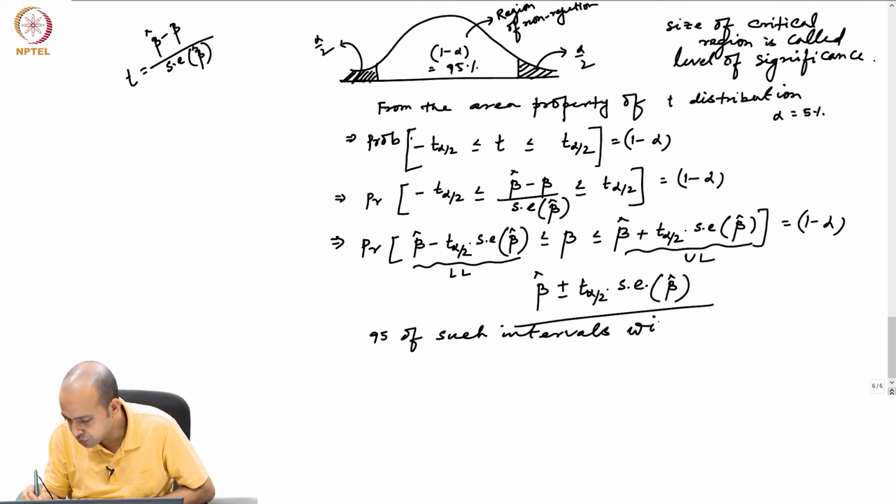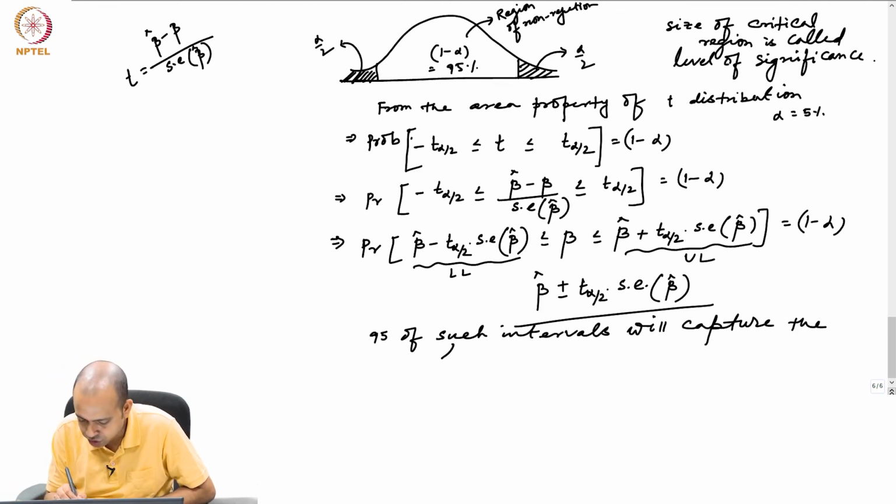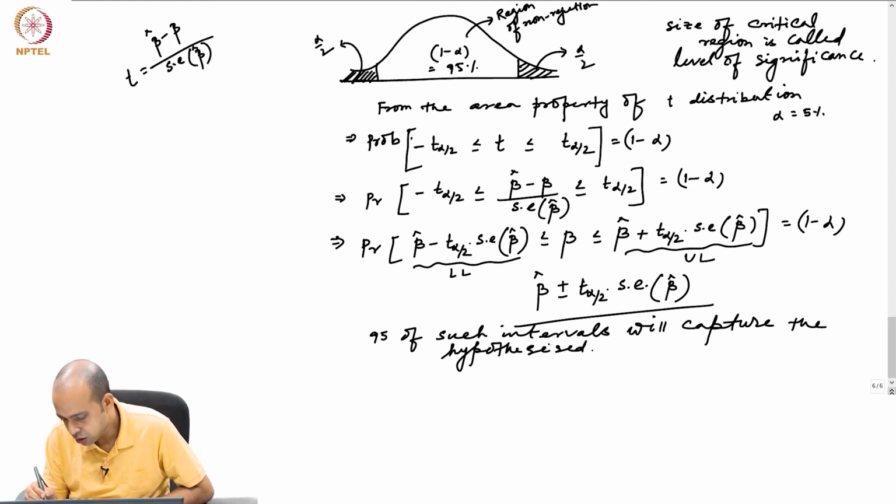will capture the hypothesized value of beta, in this case which is actually 0.